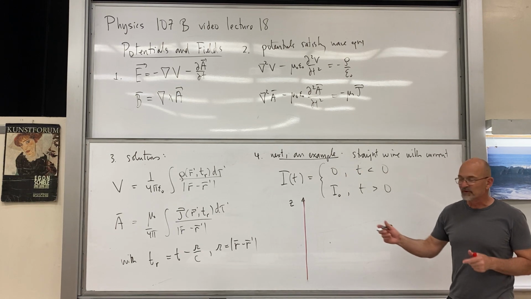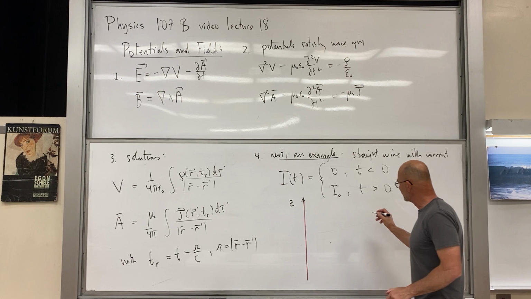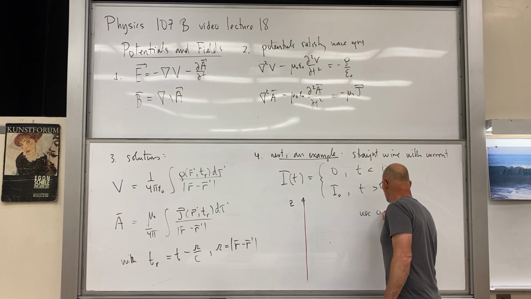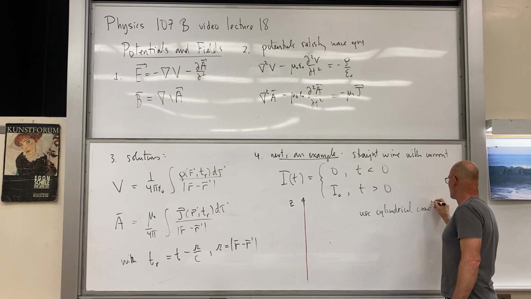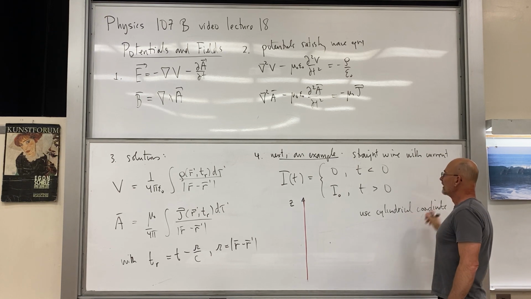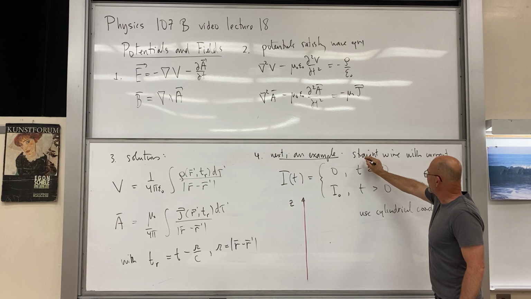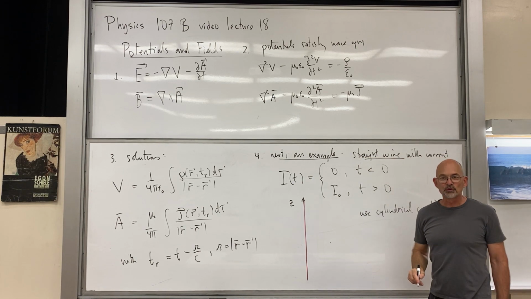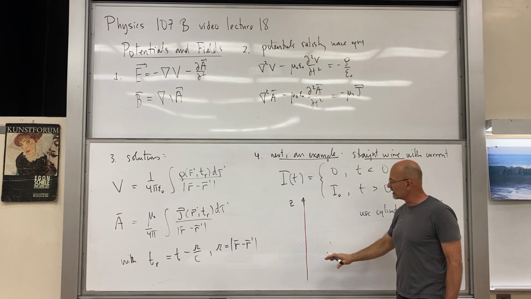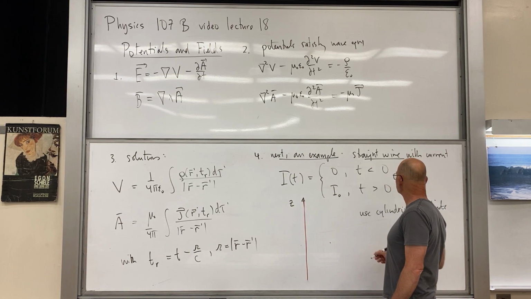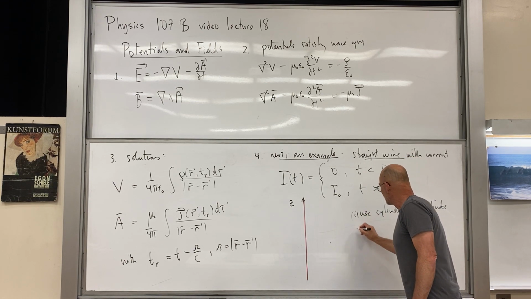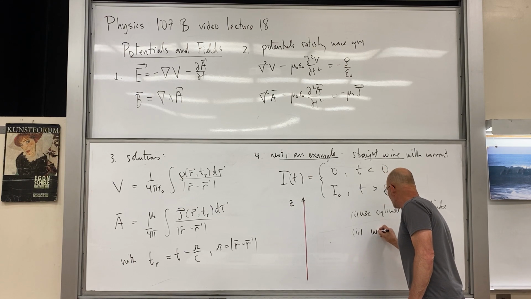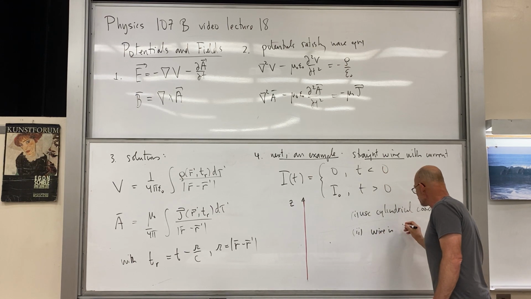Clearly we're going to have cylindrical symmetry, so we'll use cylindrical coordinates. And not only is it a straight wire, it's going to be a neutral wire, so it's carrying a current, but it has no extra charge on it. So use cylindrical coordinates, wire is charge neutral.